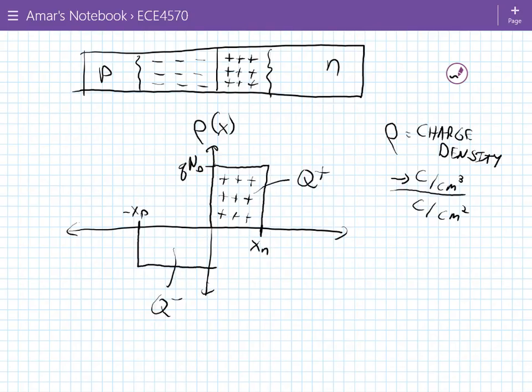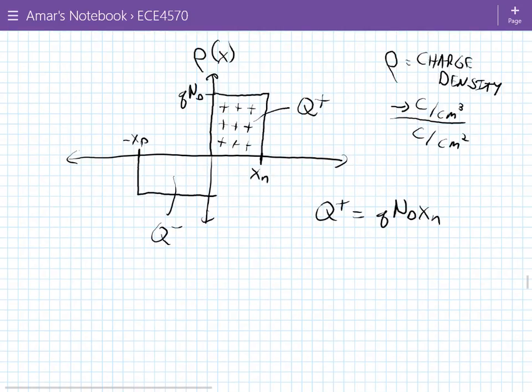So Q plus is equal to Q times ND times X sub N. Now, the units here is coulombs. The units here is 1 over centimeters cubed, and the units here is centimeters. So this gives a total of coulombs per centimeter squared.